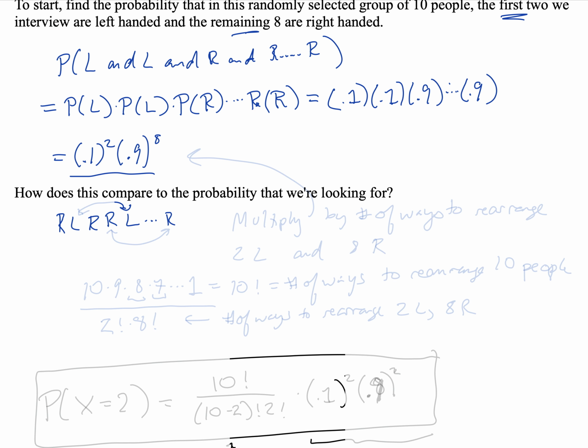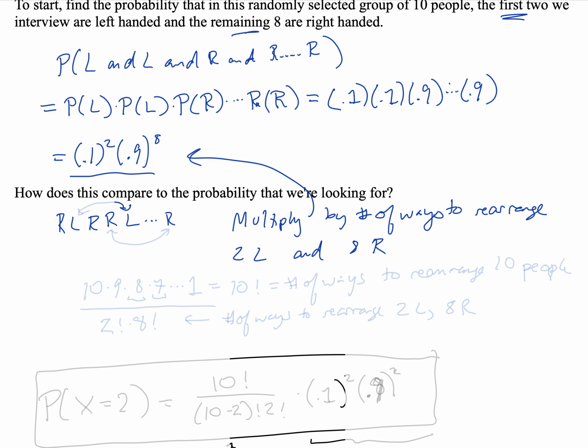Those 2 left-handed people could come in any order. So we need to multiply what we have above by the number of ways to rearrange 2 left-handed people and 8 right-handed people. How many ways are there to rearrange those individuals?